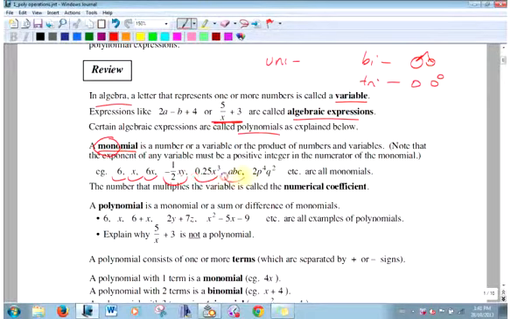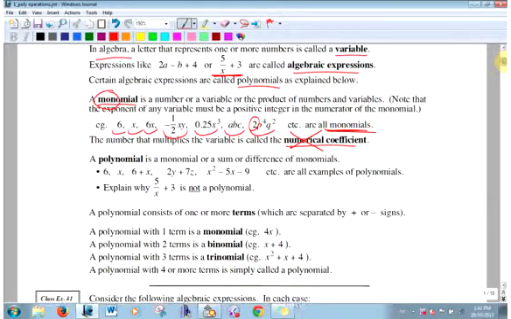That's a monomial. That's a monomial. That's a monomial. Okay? Why are they all monomials? There's no pluses or minuses in between these variables or numbers. That's why. Okay? And if we multiply it by something, it's called the coefficient, numerical coefficient. Well, that's kind of redundant. It's a coefficient.